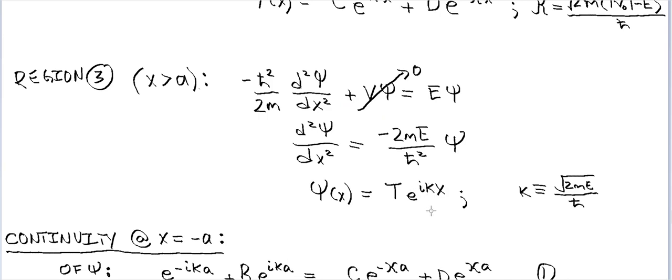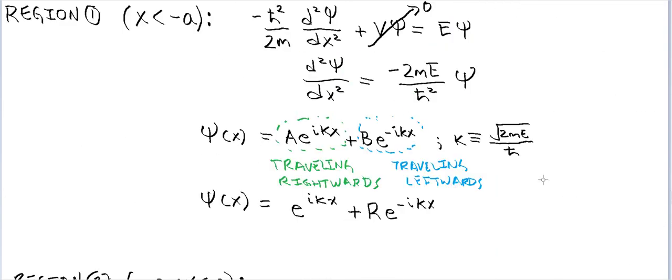I'm just omitting that entirely, and I'm assuming that there isn't any component coming from positive infinity back towards the boundary. And again, k is still equal to radical 2mE over h bar, just like it was up here. Yay?